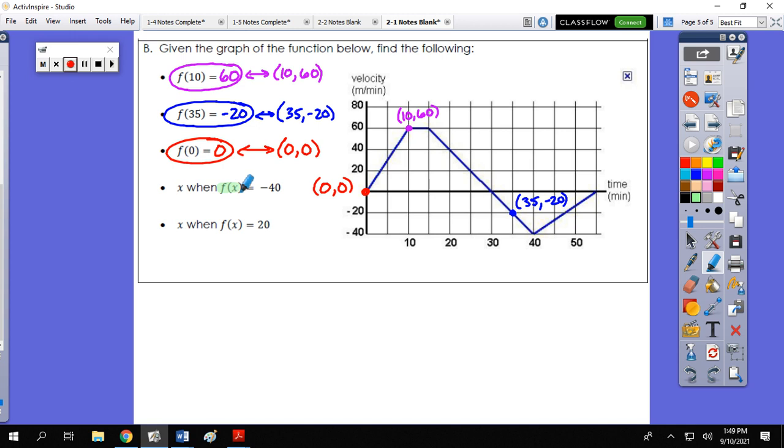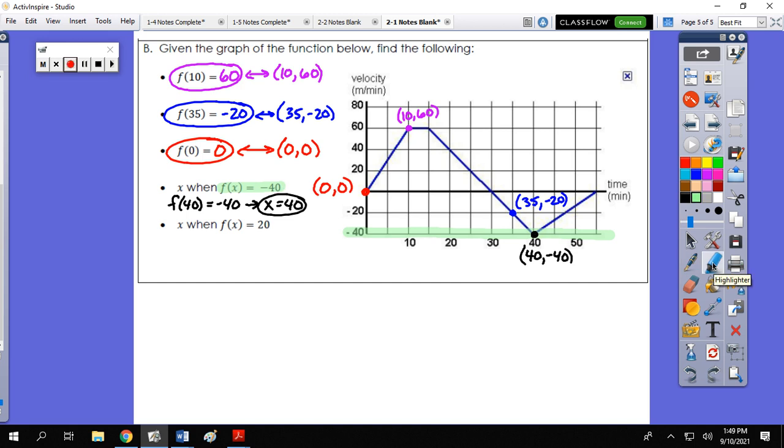Find x when f of x equals negative 40. f of x equals negative 40 is this line right here. It has a single point at 40, negative 40 is that point. So since f of 40 equals negative 40, we would say x equals 40 is the answer to that question.